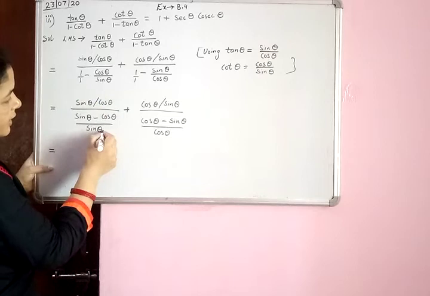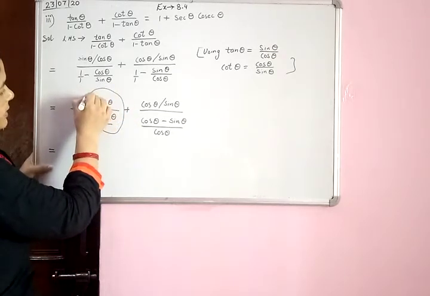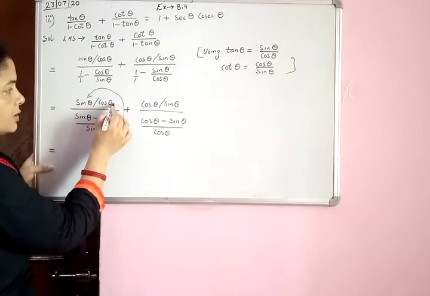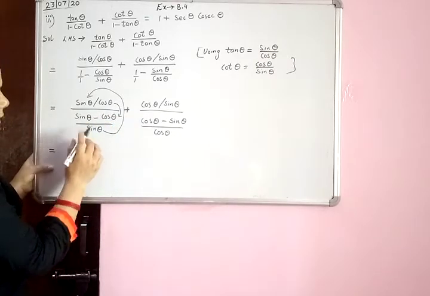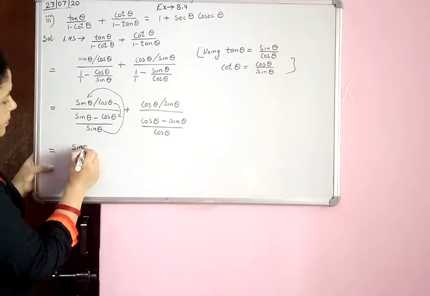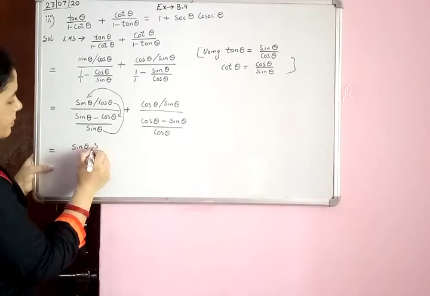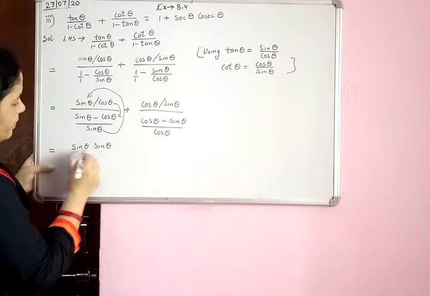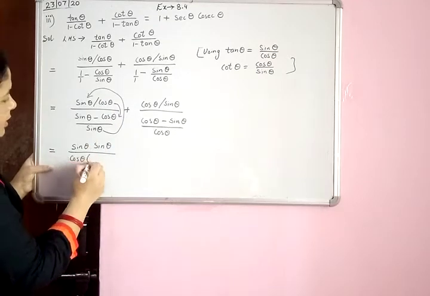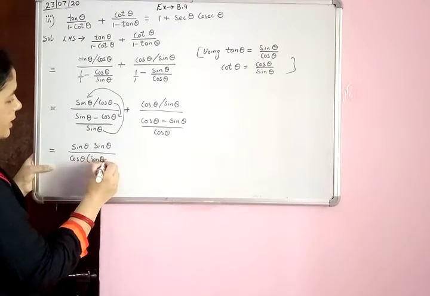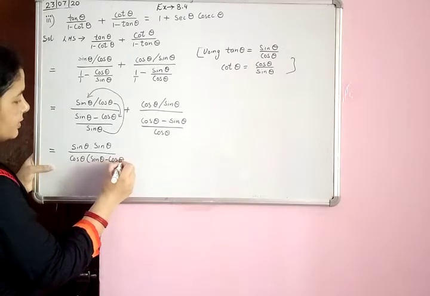Okay, so sine theta will multiply by sine theta, and cos theta will multiply by sine theta minus cos theta. So sine theta into sine theta upon cos theta into (sine theta minus cos theta).